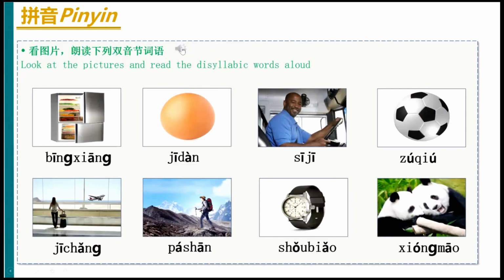看图片，朗读下列双音节词语。 Look at the pictures and read the disyllabic words aloud. 冰箱, 鸡蛋, 司机, 足球, 机场, 爬山, 手表, 熊猫。 冰箱 means fridge. 鸡蛋 egg. 司机 driver. 足球 football. 机场 playing ground. 爬山 climbing.